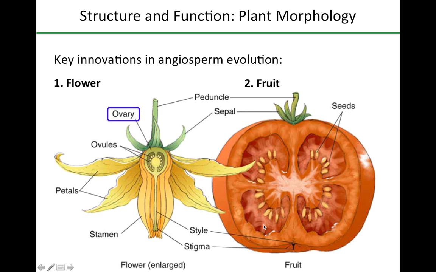And so the main structural parts of the fruit that I want you to know: first, it's derived from the ovary, so it's essentially an enlarged ovary, and it contains seeds. And often the flesh that makes up a fruit is nutritious and or brightly colored.